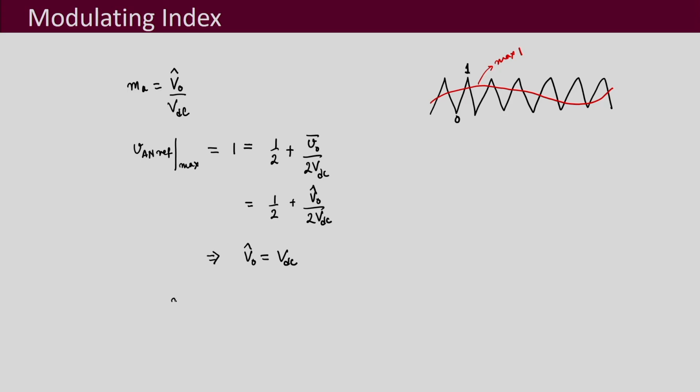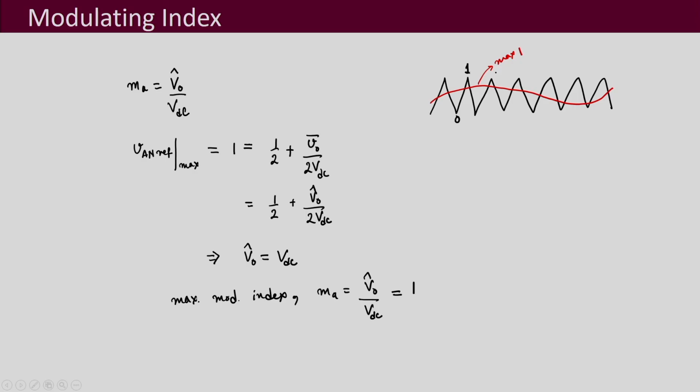So, that means the maximum modulation index, VO hat by VDC, is equal to 1. And if you cross that, then you will be doing over modulation. That also is done sometimes, but if you want full control, then we should not exceed the maximum modulation index.